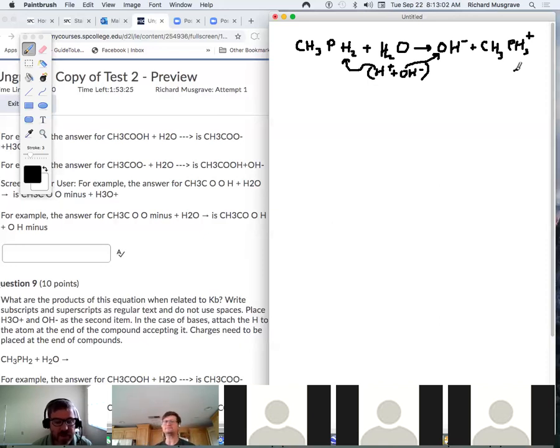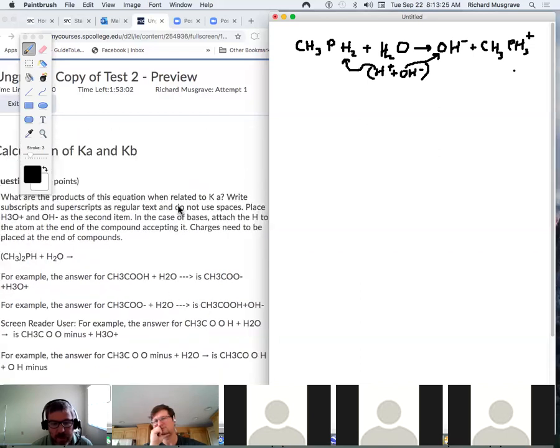I can't believe nobody has any questions. Surely, come on. How do you know if it's going to turn into OH or PH3? Okay, now we get that from the problem. See how this says Kb? Now B means base, and base means OH minus, right? Oh, okay. Okay, now Alex, right?